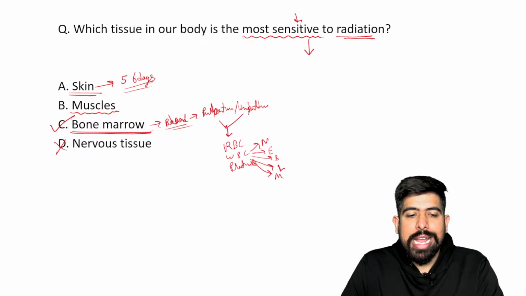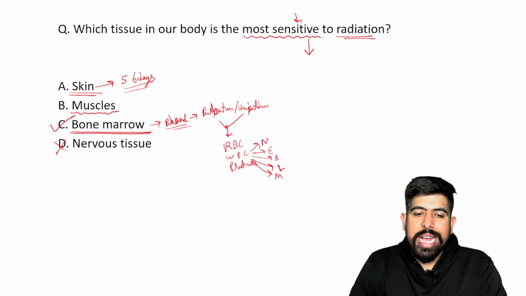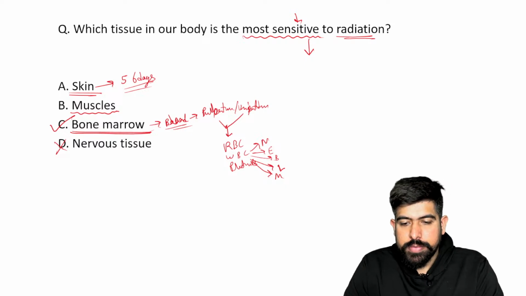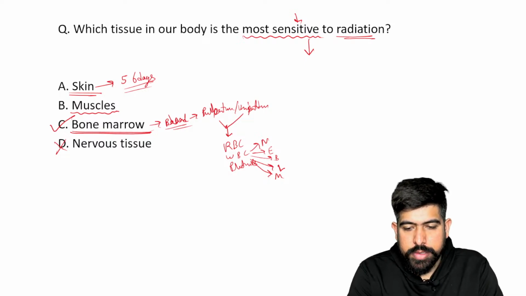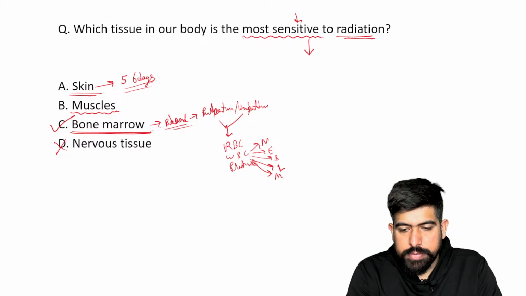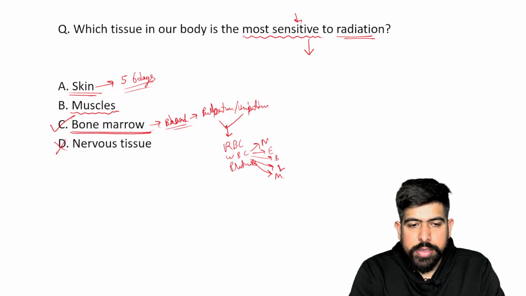Other than the bone marrow, where else do we have rapid cell division? Cells are rapidly dividing there. Just let me know. I'm waiting for your answers.